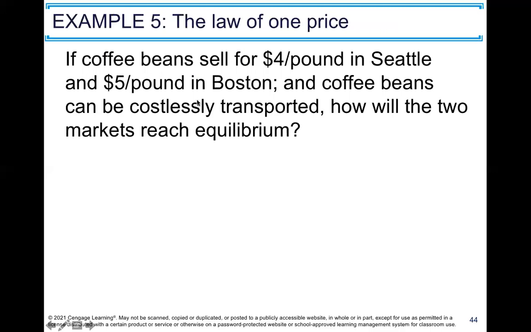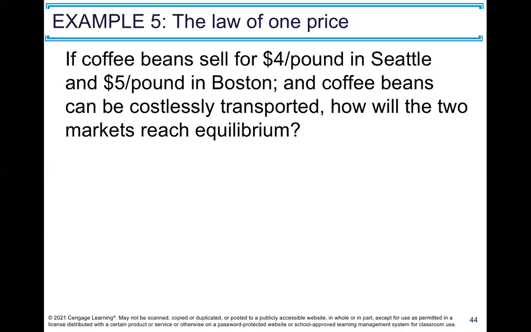That means for every pound I make $1. If I buy 1,000 pounds in Seattle for $4,000 and sell it in Boston for $5,000, because I've got 1,000 pounds and I sell for $5 a pop, then I make an instant $1,000, right? And that's great. I like money. And that's the purpose of arbitrage.